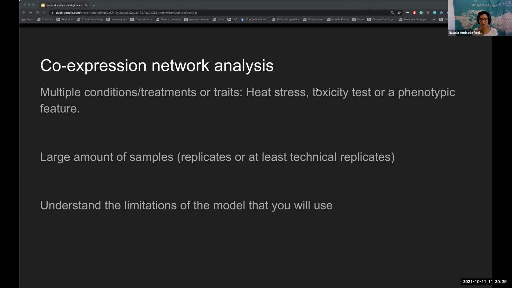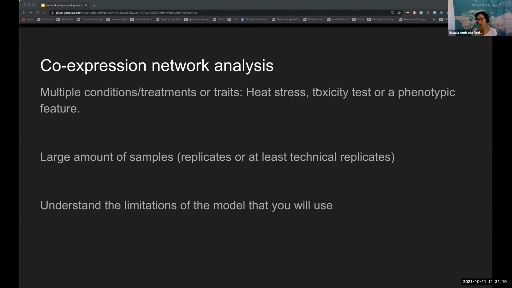So a lot of people don't take this into account, and it ends up with false positives. These multiple conditions will help give enough information to the program to build your network in a more biologically relevant way.